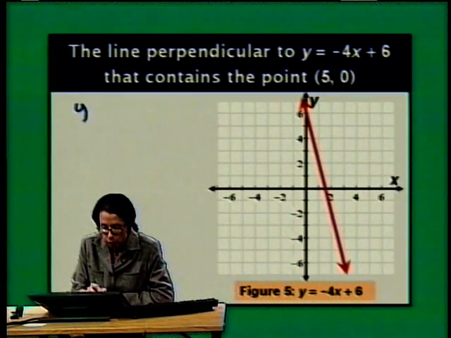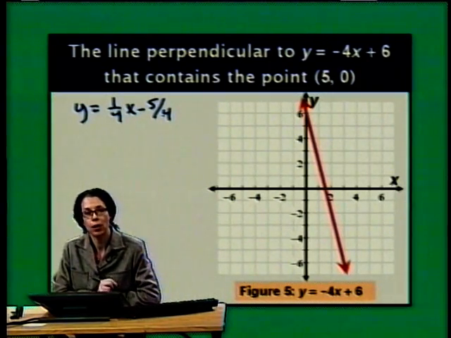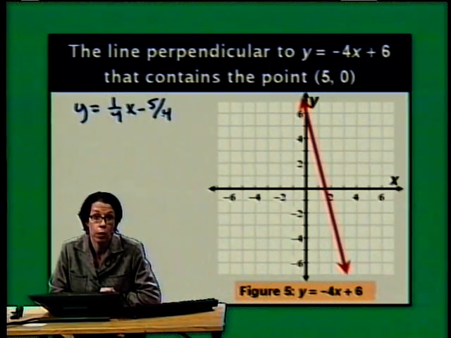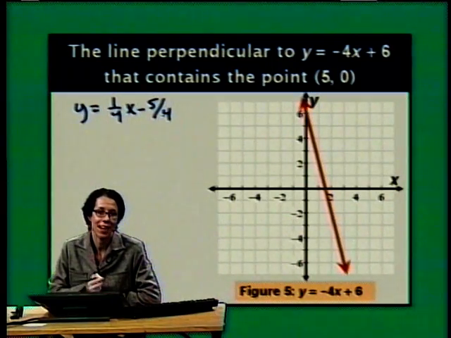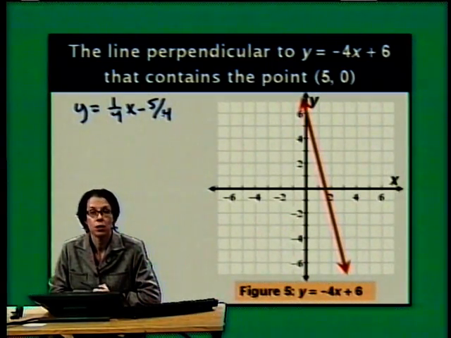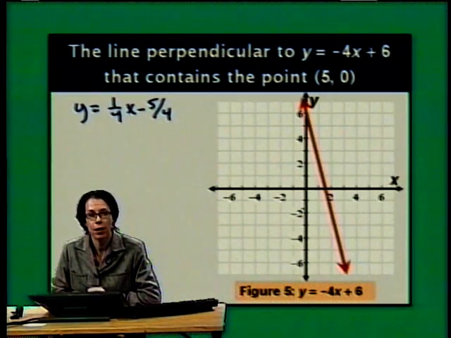So my equation was y equals 1/4 x minus 5/4. Now to graph this, I want a point on the line y equals 1/4 x minus 5/4. The vertical intercept doesn't land on integer coordinates, so my grid is all labeled here in integers. So I think I'm going to look for another point on the line.